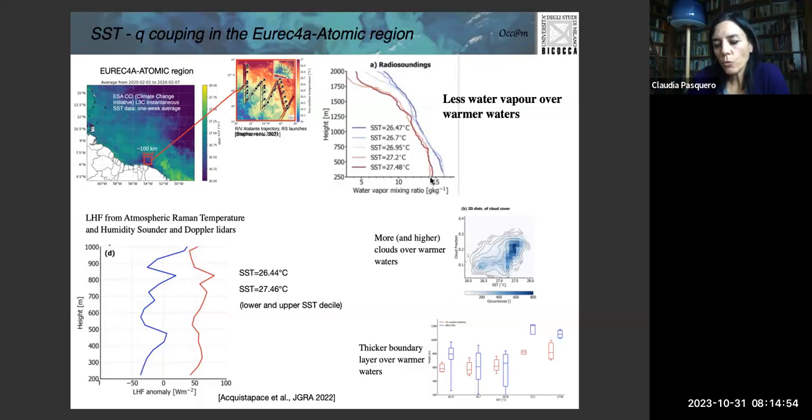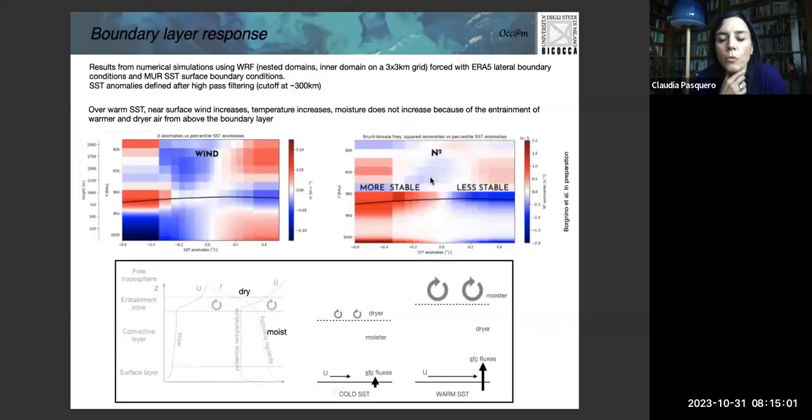And in order to make sense of those observations, we decided to run some numerical simulations with WRF. Those are atmosphere-only, uncoupled at this stage, forced by MUR SST, so high resolution observation of sea surface temperature. And WRF simulations are run on nested domains.